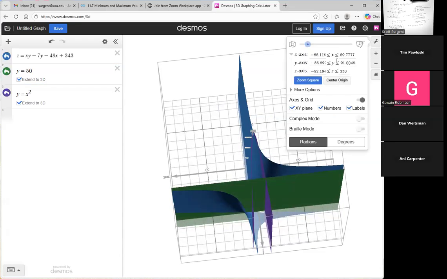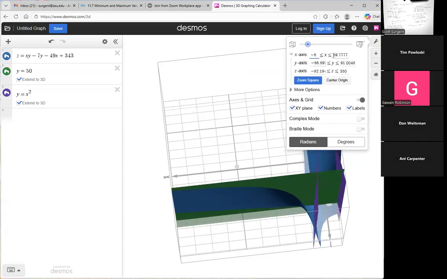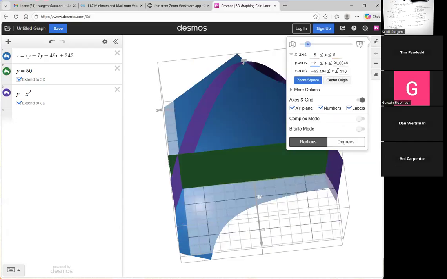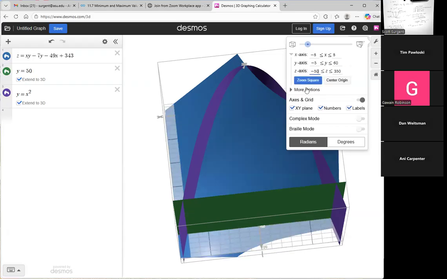And then let's make the x bounds not very big, maybe -8 to 8. And then the y bounds, that'll be 0, maybe -5 just to have some space. And the top y bound was like 50, so I'll make it like 60. It's a little better. And then the z-axis, I don't know actually, I'll try -50. All right, so let's see if this works.